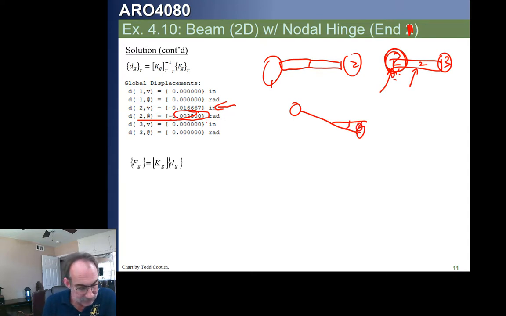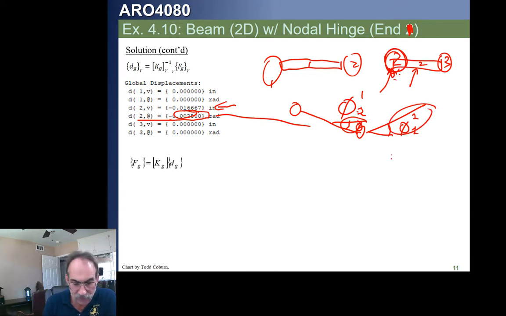Now, to get the slope in this element going this way, this is the slope at node 1 of element 2. This here is the slope in element 1 at node 2, right? So this is the one we got since we modeled on this one. Now we're going to have to do another step to get the other one, okay?